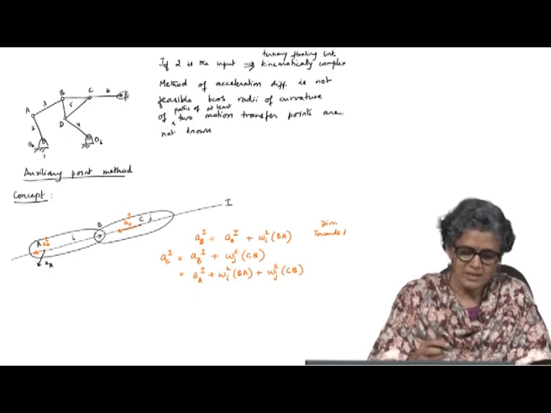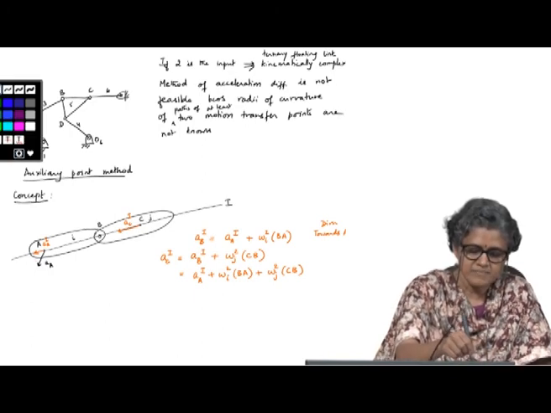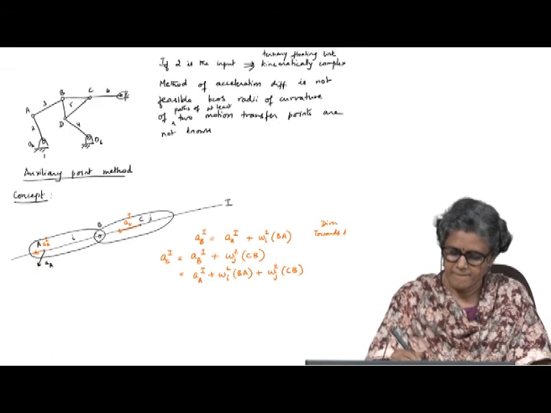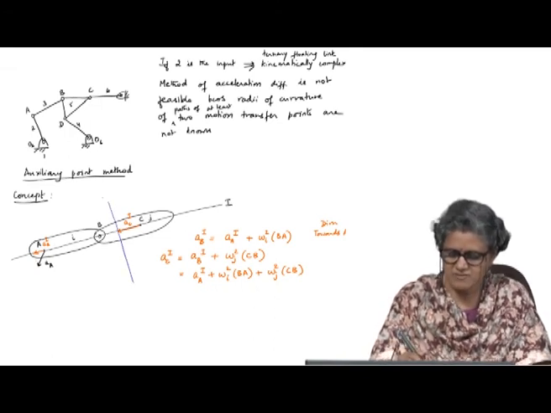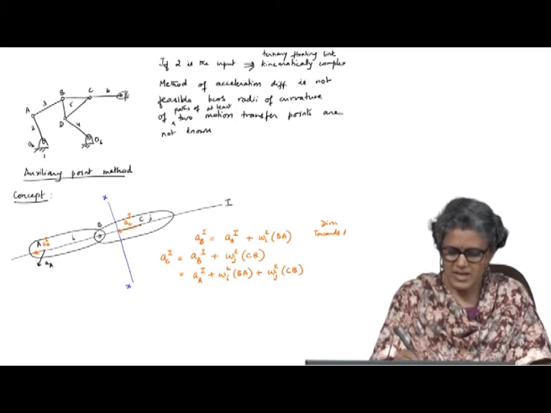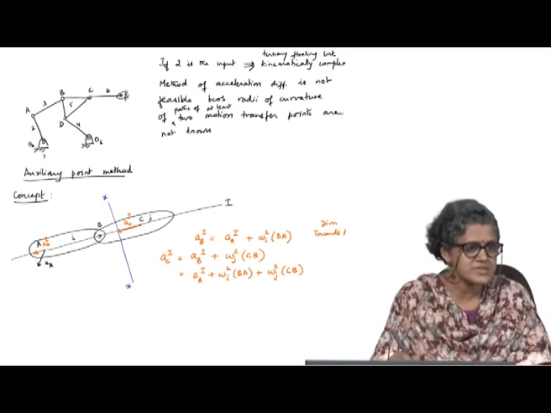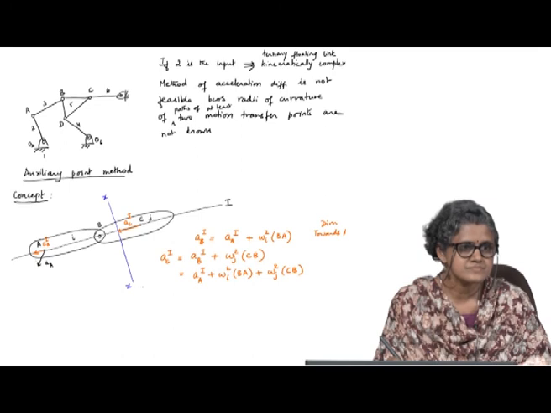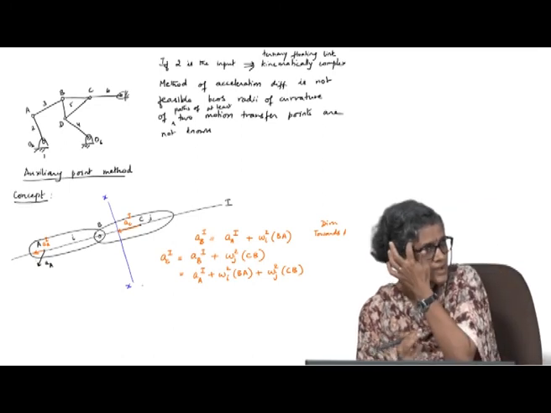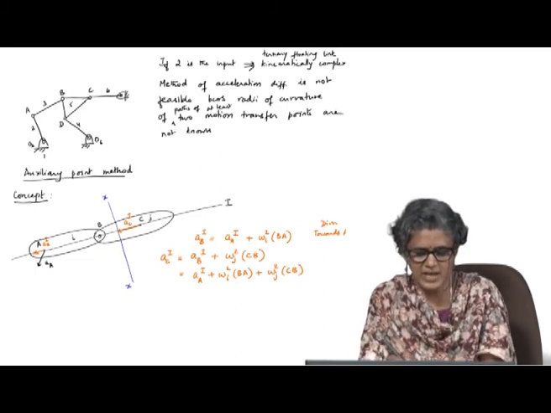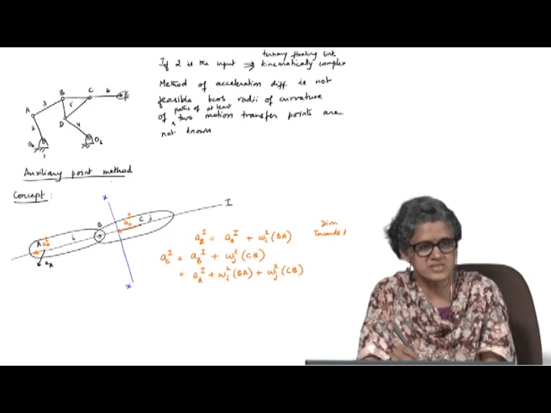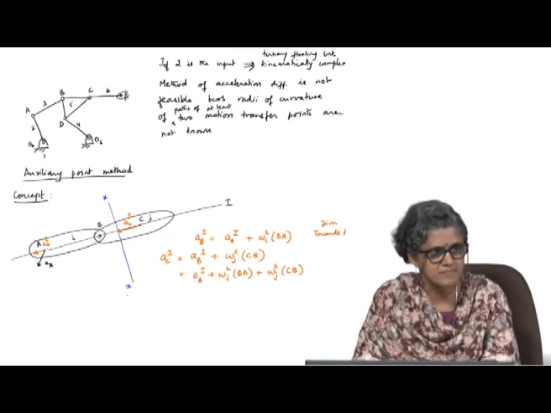Then necessarily the head of the acceleration vector has to lie somewhere on this line, because the other component is perpendicular, so this plus some other. So, the head of the acceleration vector of point C will lie somewhere on this line xx.